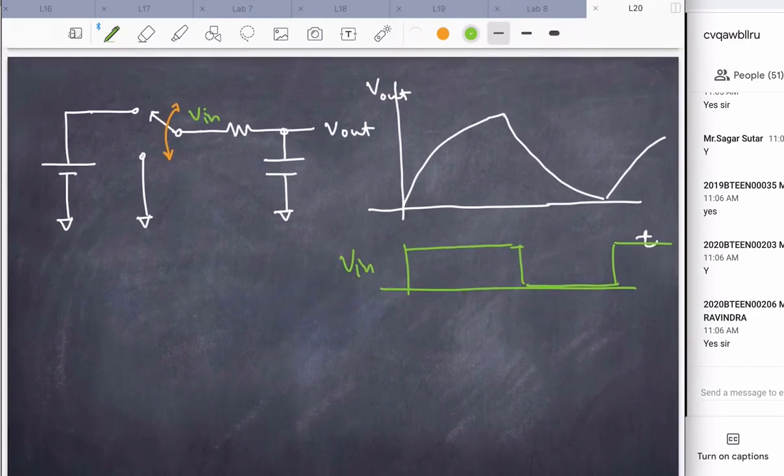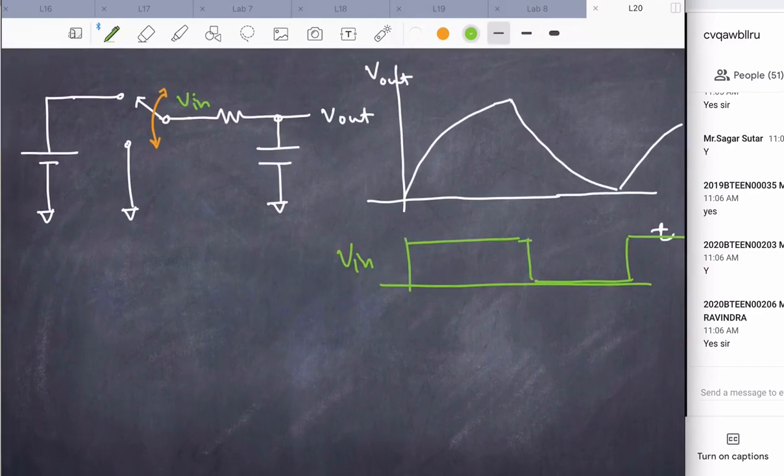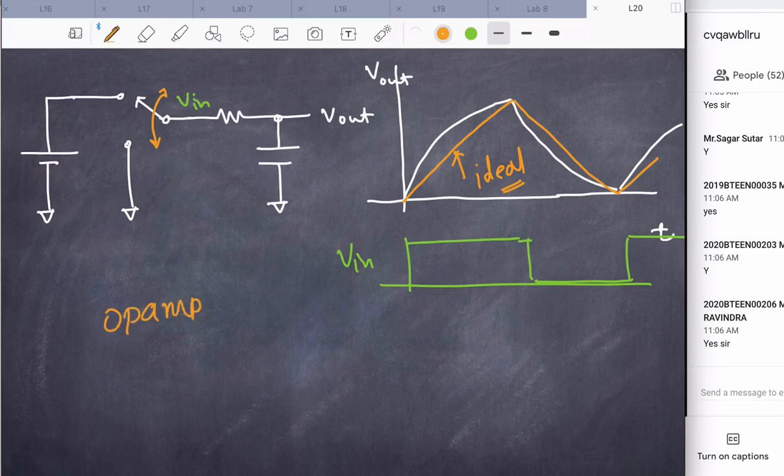So it means a simple RC filter can work as an integrator. The ideal will be like this. This is ideal, but because of limited RC constant we do not get the ideal. But if we use an op amp we can get this ideal.